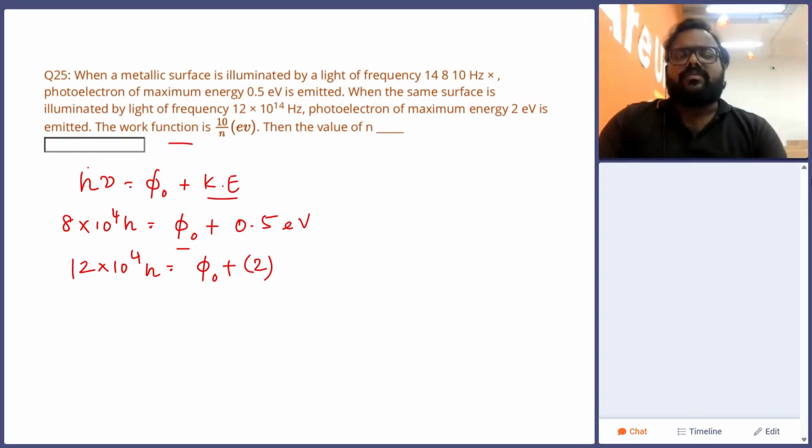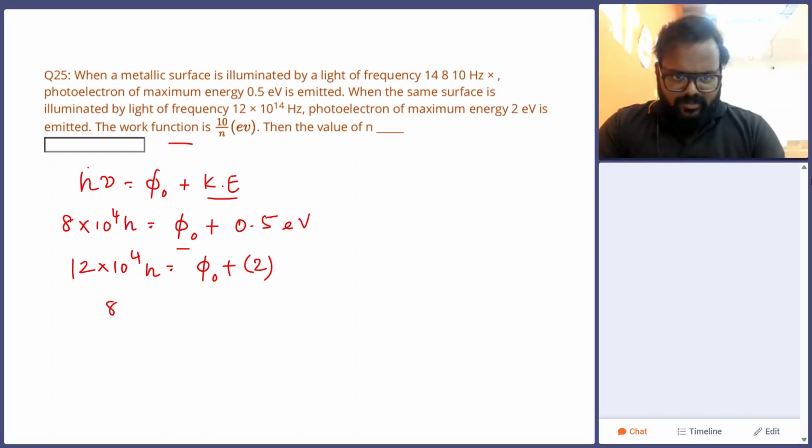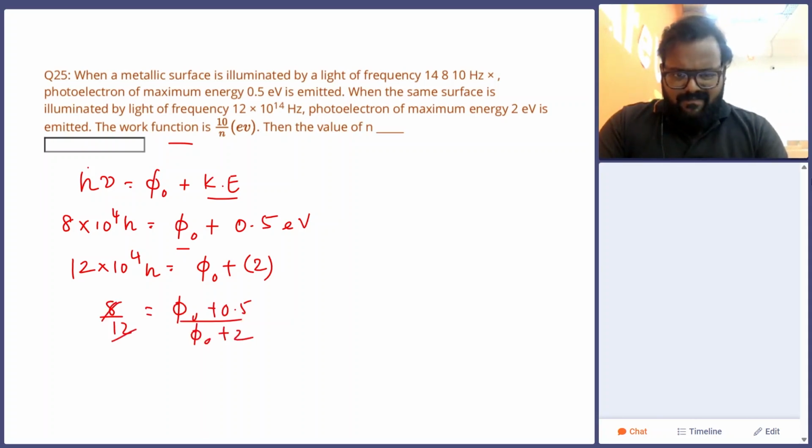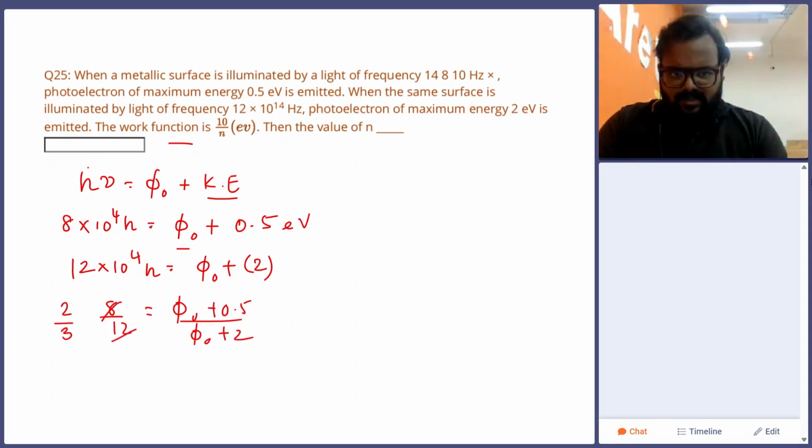Now they are asking the work function. Simple. Take a ratio. It will be 8 over 12 equals phi naught plus 0.5 by phi naught plus 2. This is 4 2s and 4 3s.